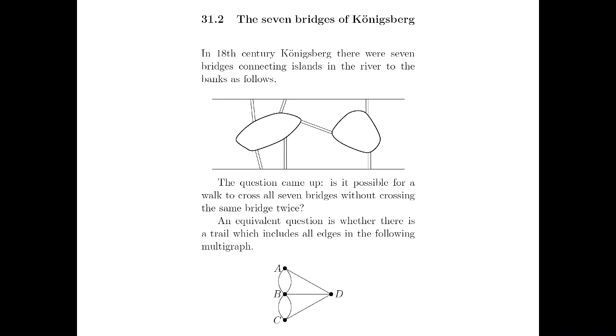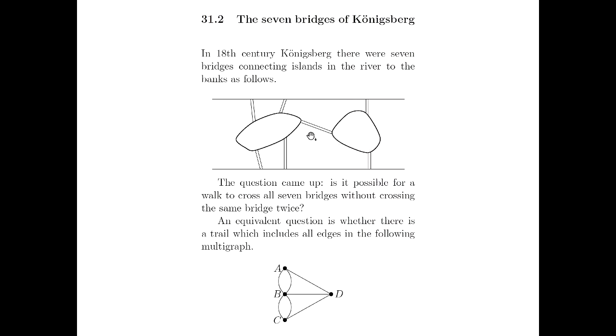And the famous mathematician Euler was living there, and Königsberg was built on 2 sides of a river and 2 islands. So this is the river here, and you've got 1 bank of it here, and 1 bank of it here, and 2 islands here. And in the 18th century, the bridges look like this.